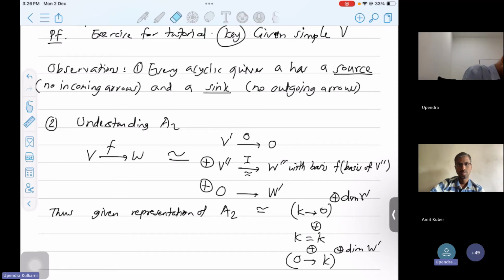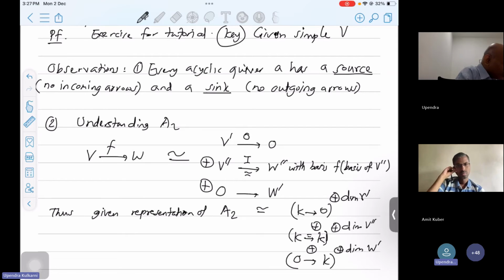So this is just k going to k by equality, the identity map, taken as many times as the dimension of V double prime, which is the same as the dimension of W double prime. So you see, using just linear algebra, nothing else, I was able to write down any given representation of A2 as a direct sum of 3 different types of representations.